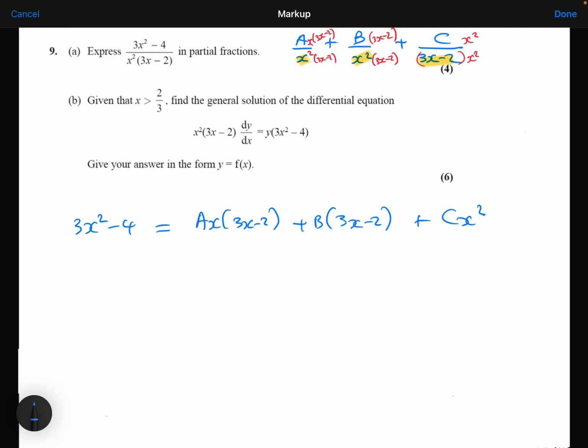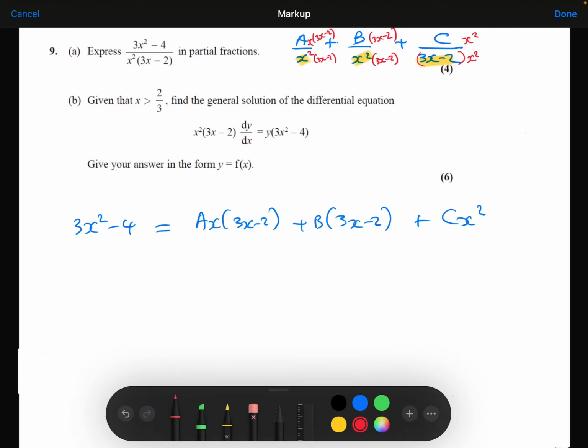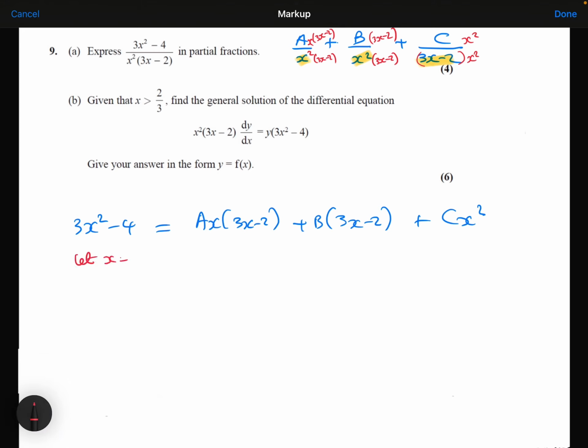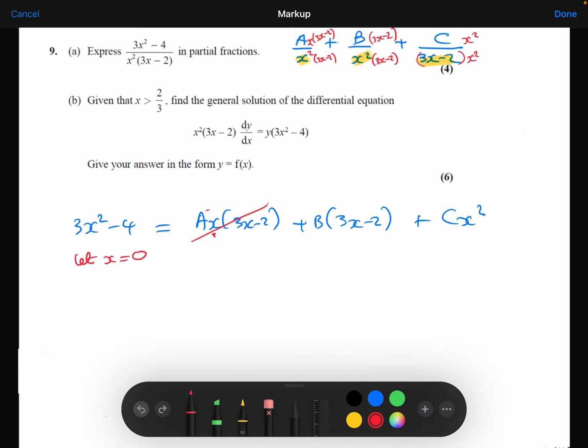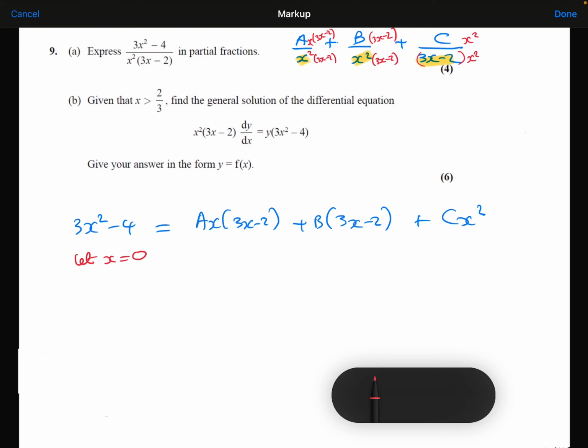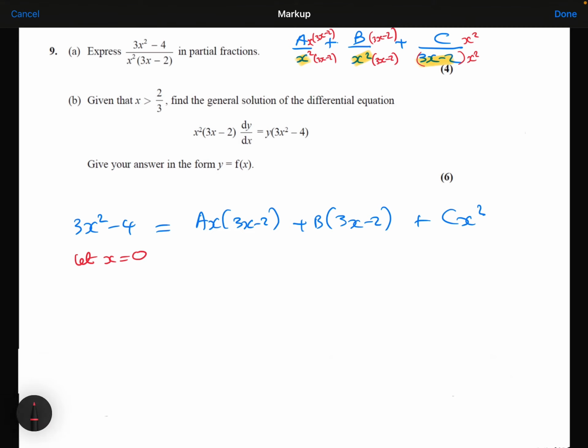To work out each of these terms, I'm first going to let x equal 0. The reason I'm choosing that is it's going to make this term here become 0, so I don't need to worry about this. It's going to make this term here become 0 as well, and it will allow me to work out the B. So, substituting 0 in, on the left-hand side, 3 times 0 squared minus 4 is minus 4.